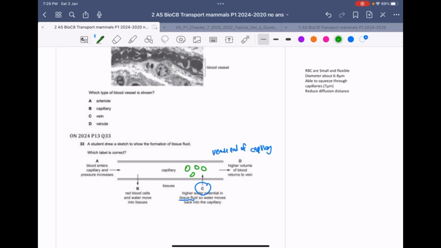So these plasma proteins reduce the water potential of the blood. This causes the tissue fluid to have a high water potential, because the tissue fluid has fewer plasma proteins. So that's why the answer is C. The high water potential of the tissue fluid will cause the diffusion of water into the capillary.